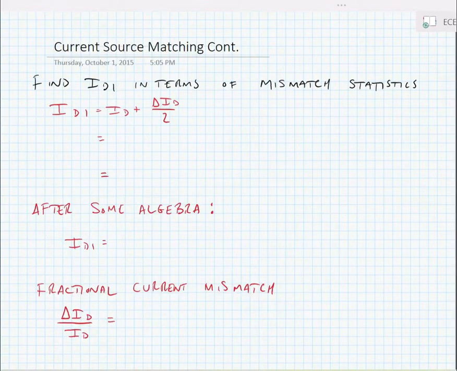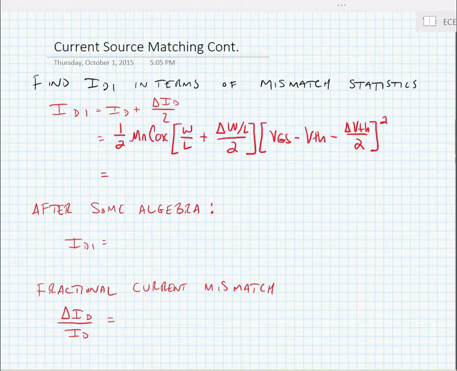Okay, so let's write out ID1 in terms of the mismatch statistics. So remember, we have ID1 is equal to ID plus delta ID over 2. So we can write out our expression for current, where we're adding these mismatch statistics into the expression. And we can expand this expression.